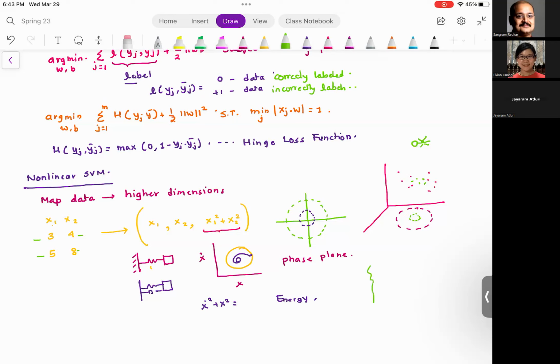Imagine if you have a spring of K equal to 1 Newton per meter, and a mass M equal to 1 kg.